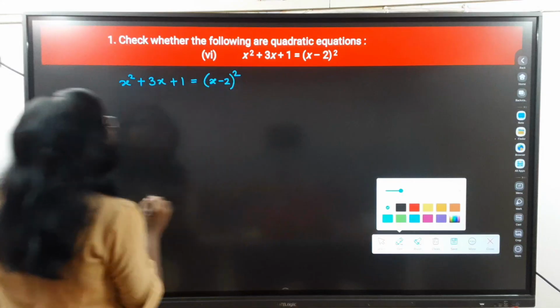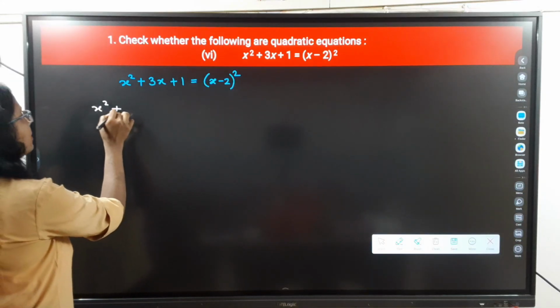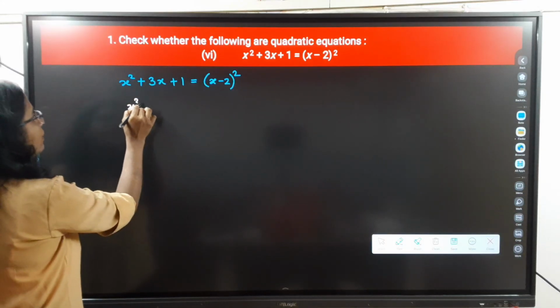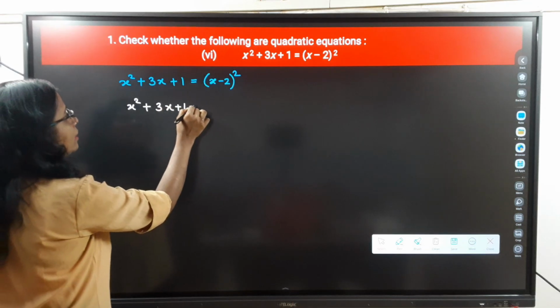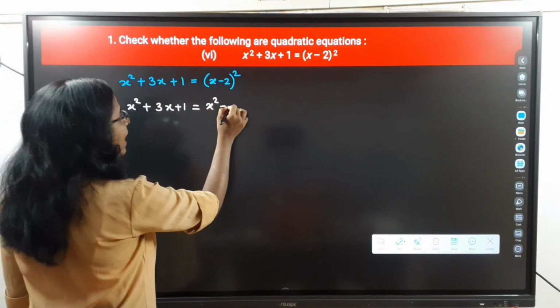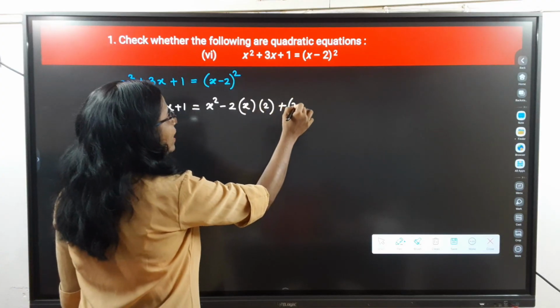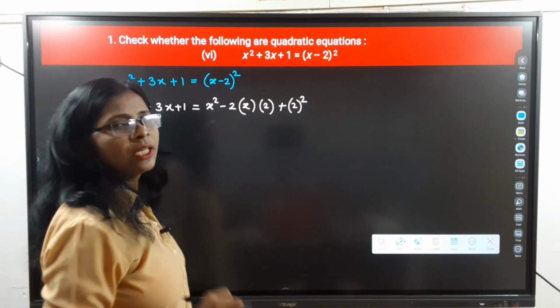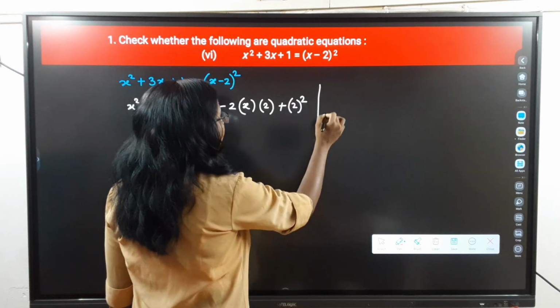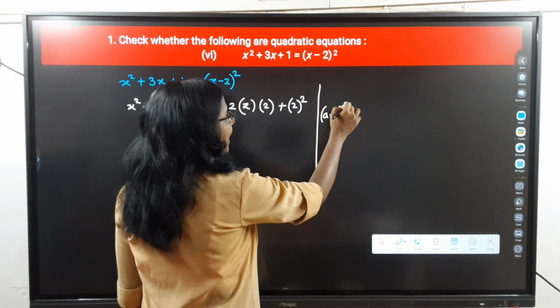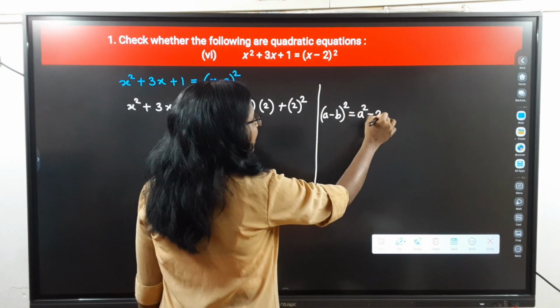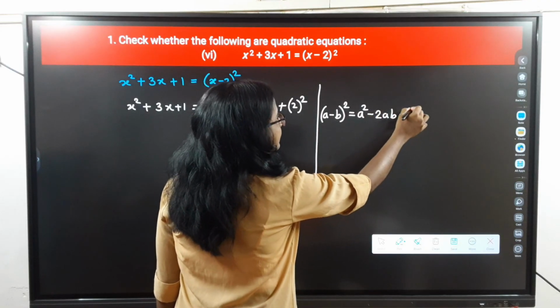So here x square plus 3x plus 1 is equal to x square minus 2 multiplied 2 plus square of 2. Students, because it is the expansion of a minus b whole bracket square, which is equal to a square minus 2ab plus b square.